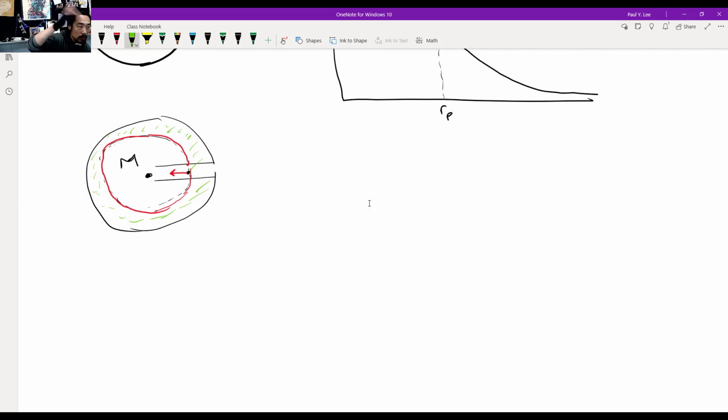Anything beyond that, so in this case the green part, does not matter. So it's almost as if we took a big planet and we kind of just shrunk it down to where we care about. All right, so in that case, as you're going through the planet, what happens to your weight? So if we take a look at the situation, we can say the following. All right, so here's a couple of big ideas. The idea is that these planets have a uniform density.